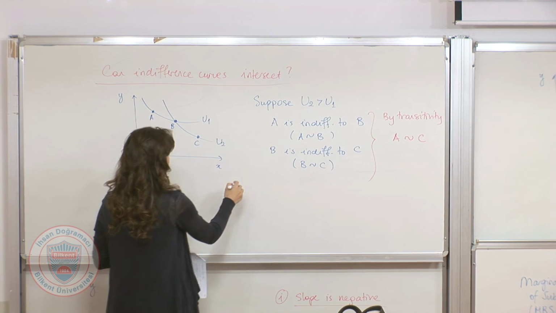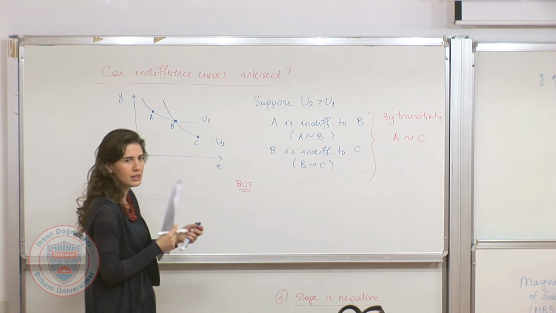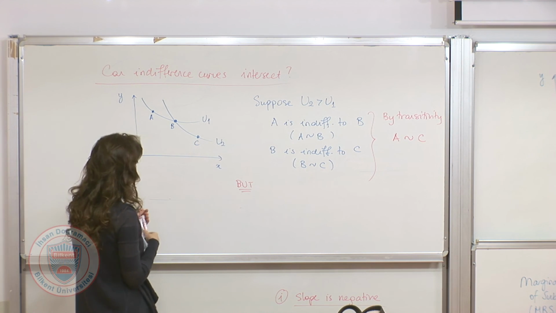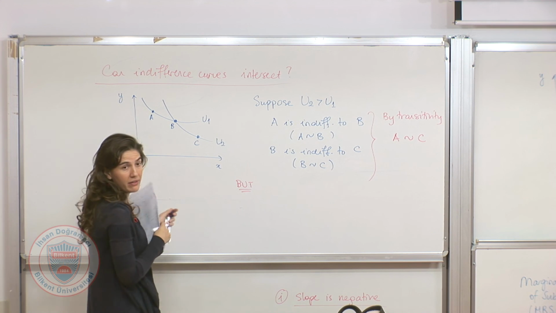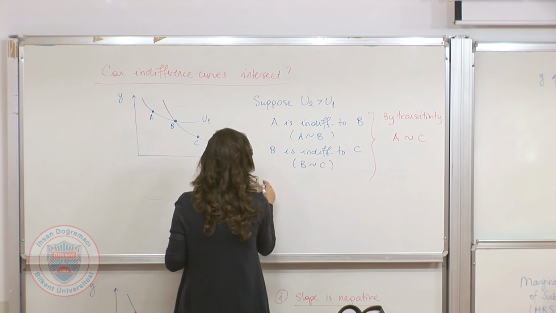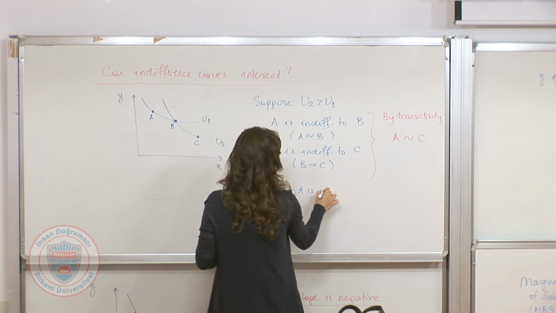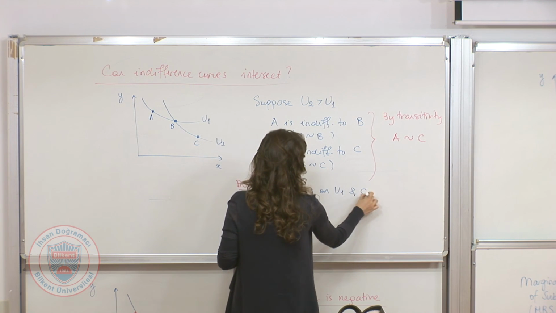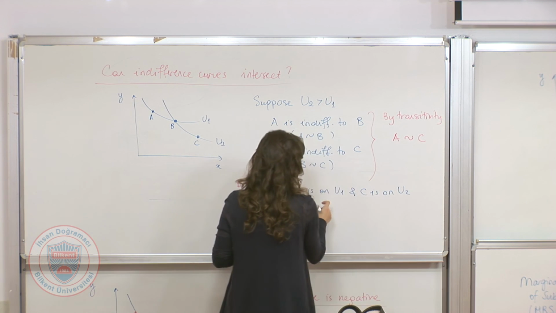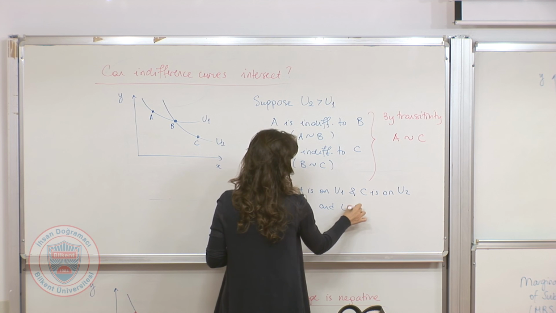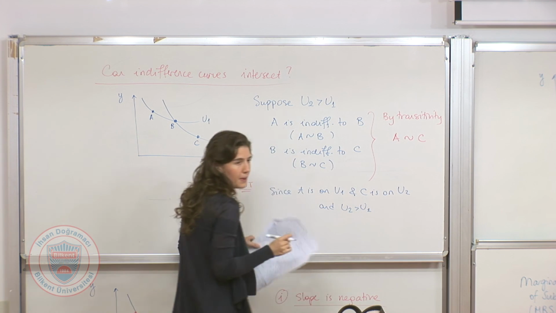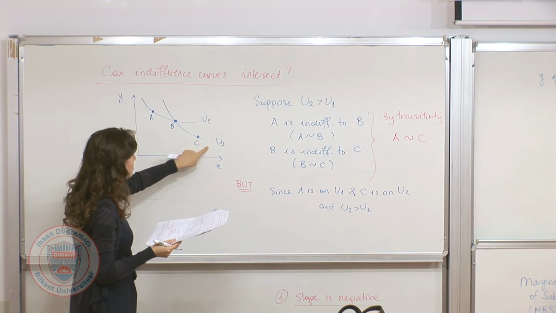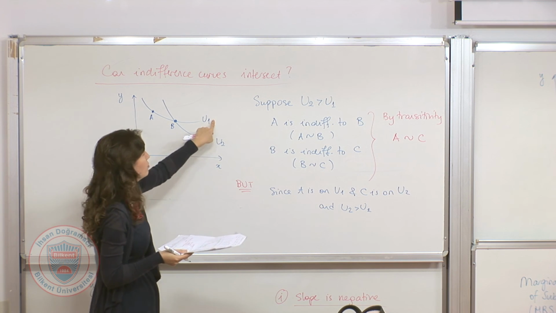But let's see what's going on here. We know that A is on U1, C is on U2, and U2 is greater than U1.